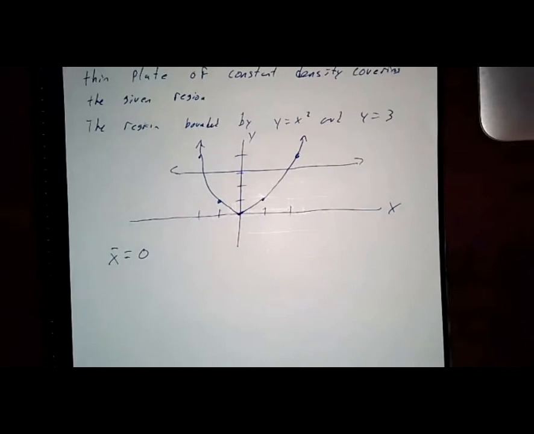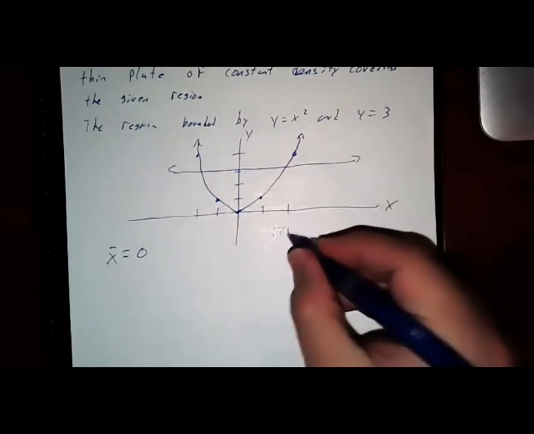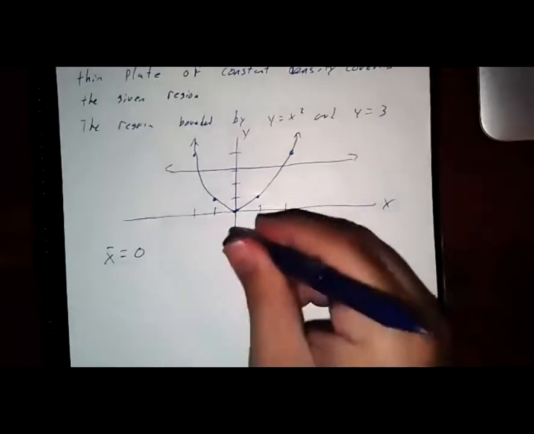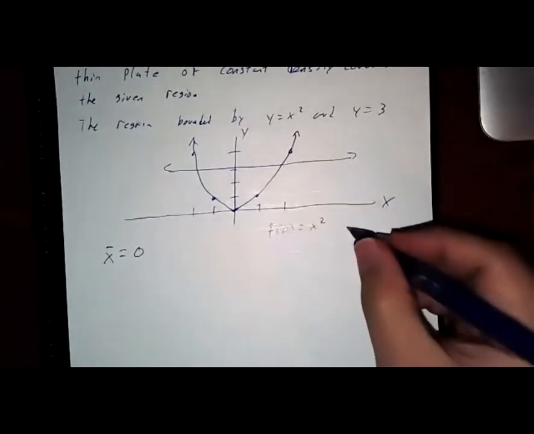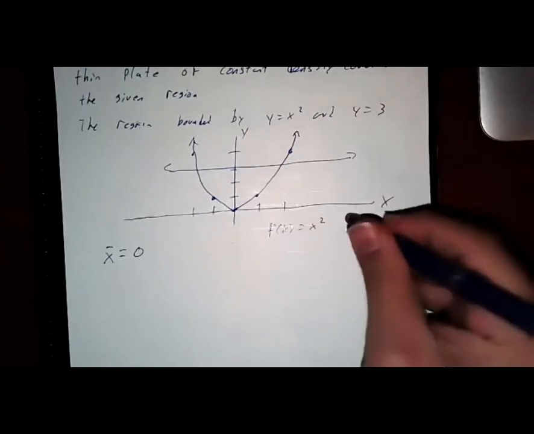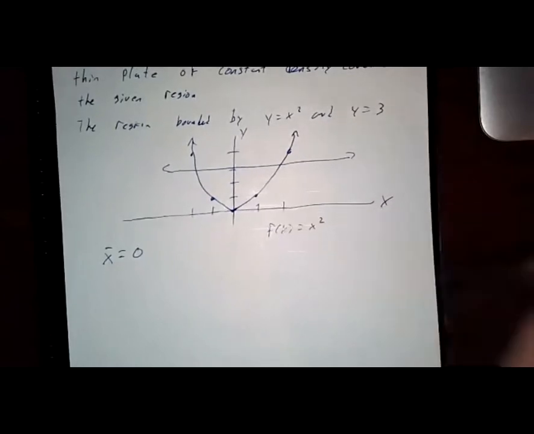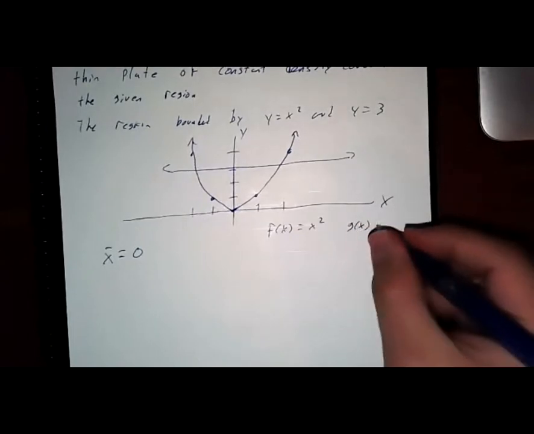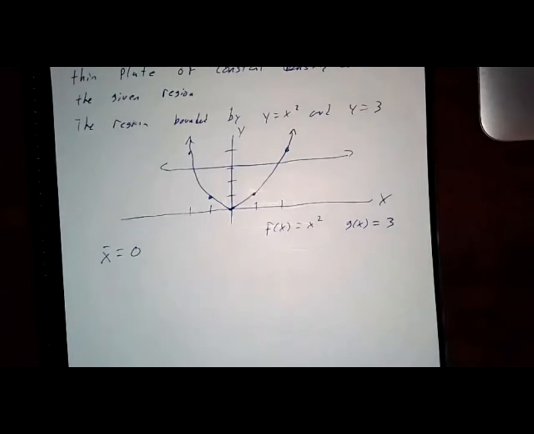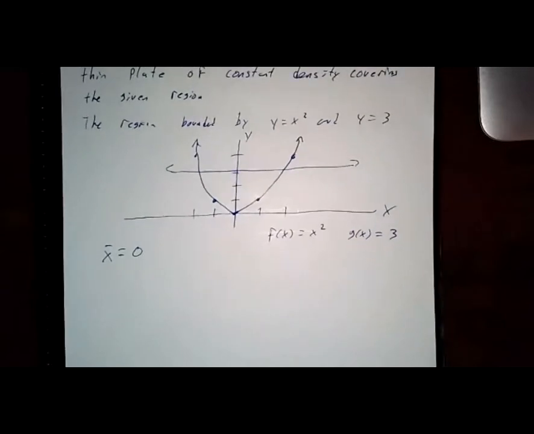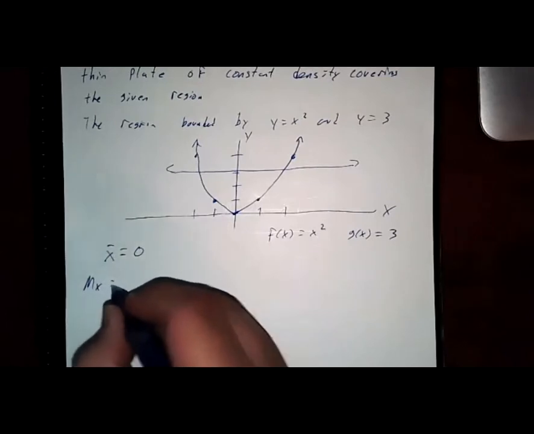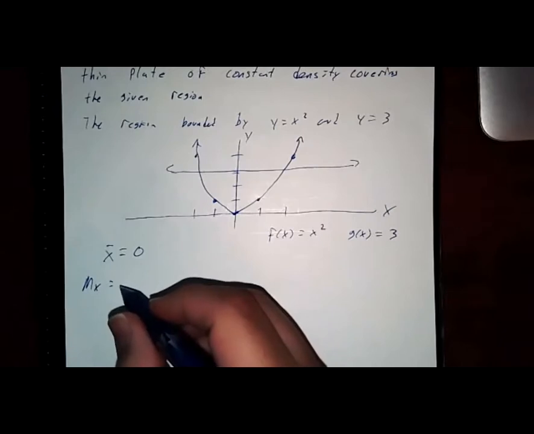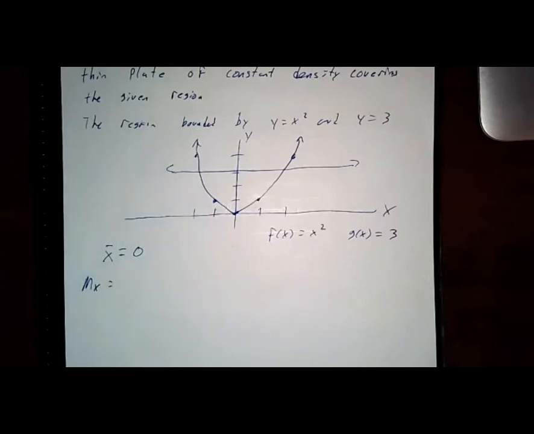All right. So we got two functions. We'll say f of x is x squared, and we'll call it g of x the y part. So we know that the capital Mx is equal to, shoot, what was that? One second, let me get the formulas out.